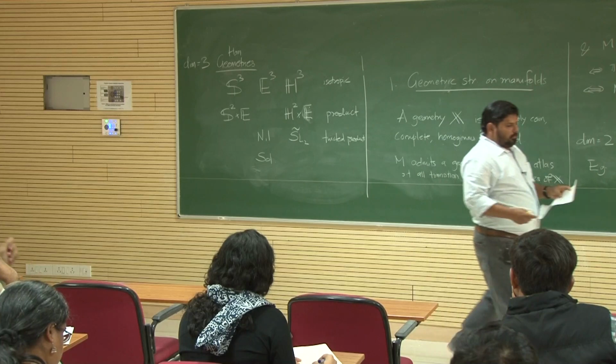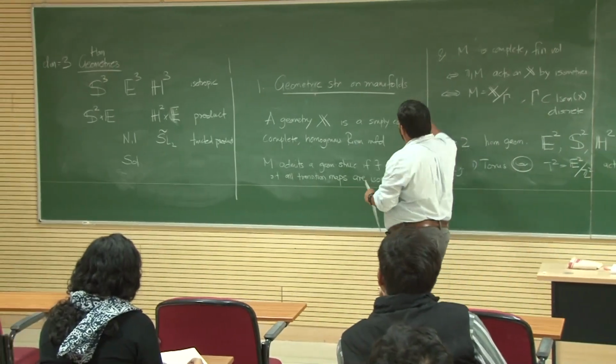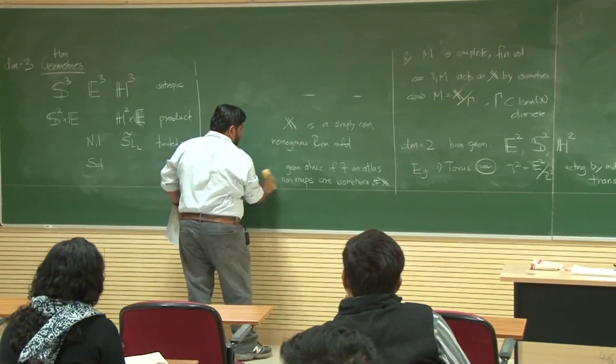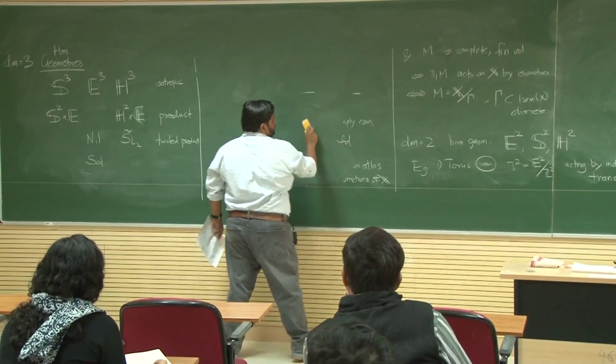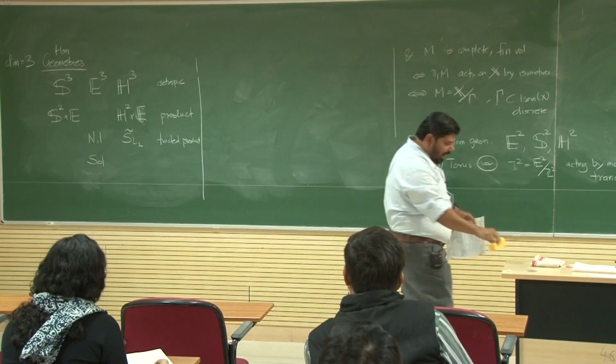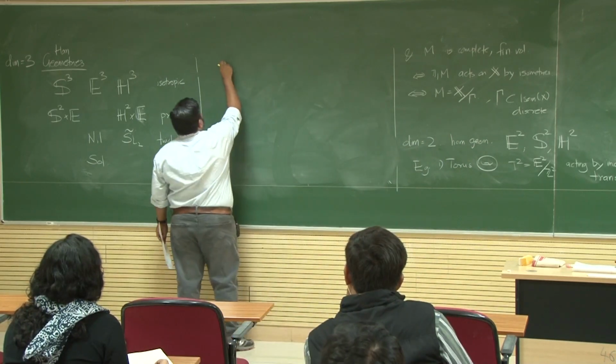And so, the big theorem in terms of geometry for 3 manifolds is that you can do something similar. You can have geometry for 3 manifolds.